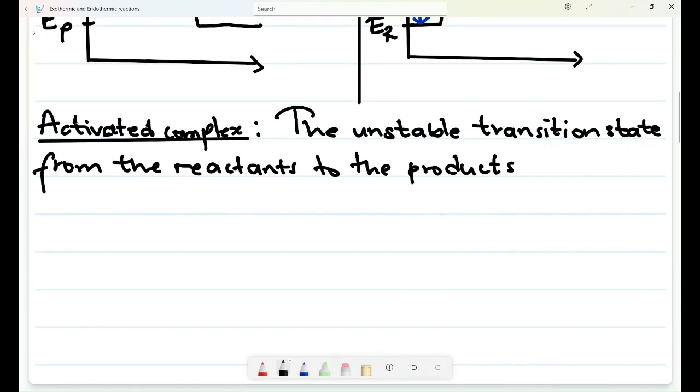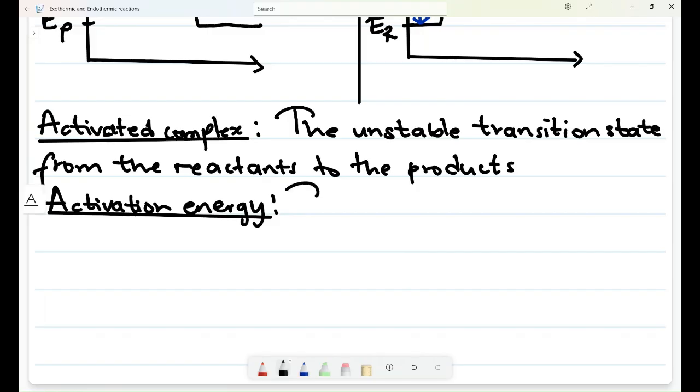We also had a definition for activation energy. Can you see from the word activation? It is an energy needed to activate something. It gives the activation of the reaction.